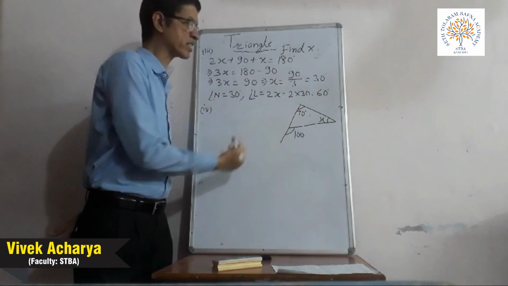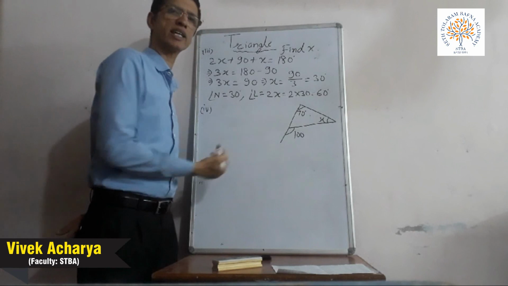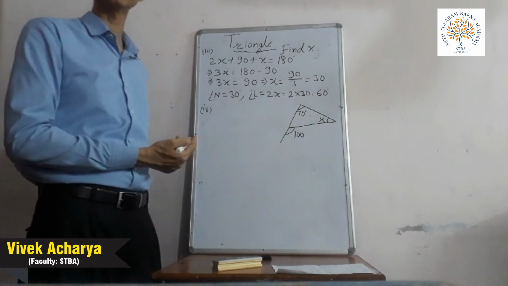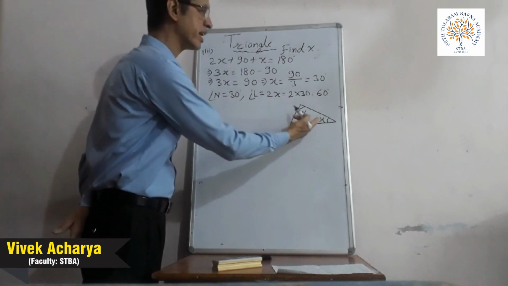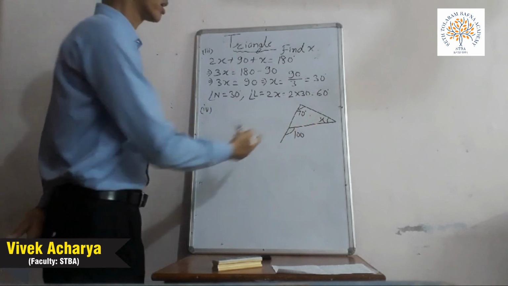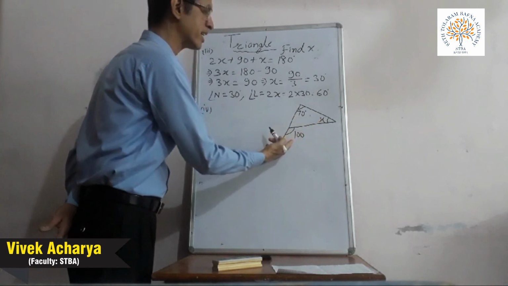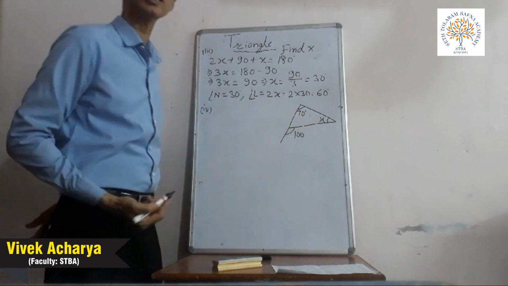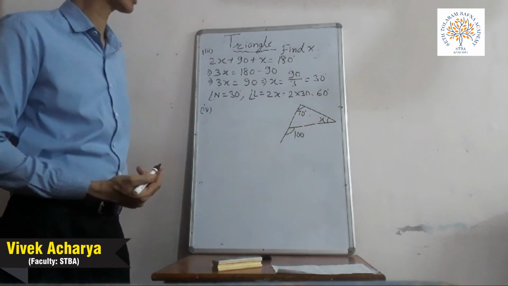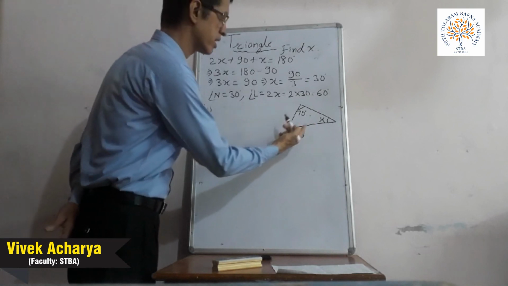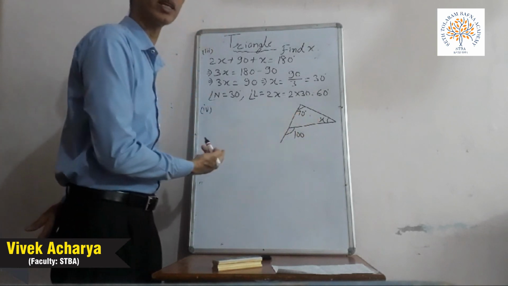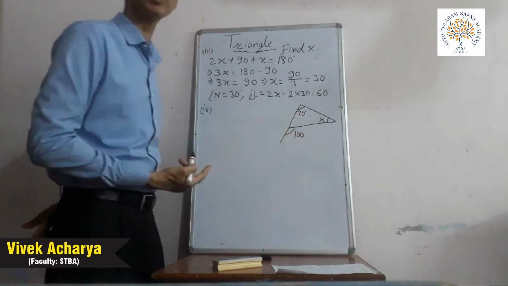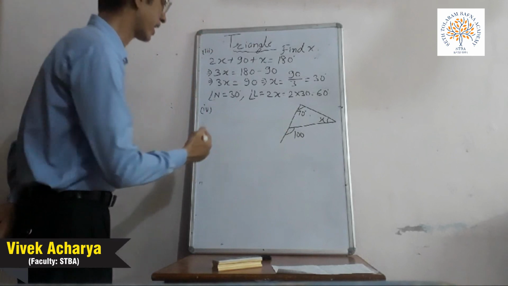Now to find X, you can see I can use the exterior angle property. By the exterior angle property, children, the exterior angle is equal to the sum of the interior opposite angles. So we can say X plus 70 is equal to 100 degrees, the exterior angle.